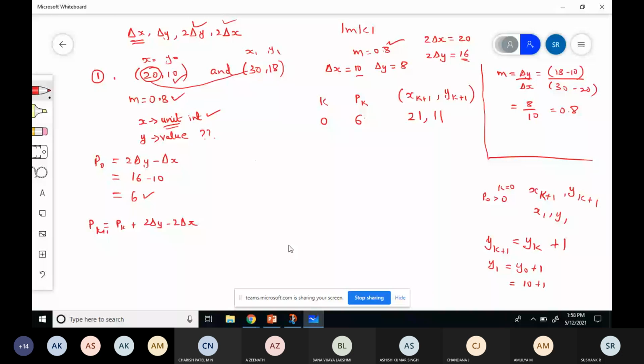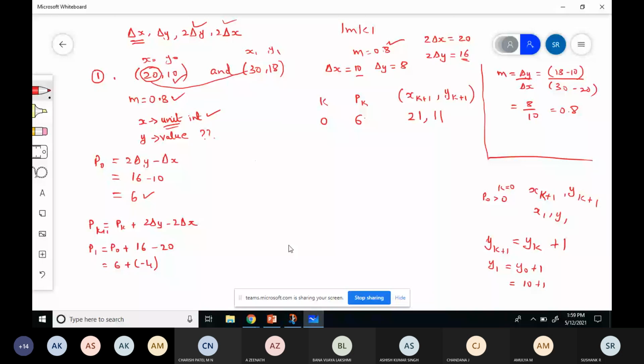So p1 is equal to p naught plus 2 times delta y, which is 16, minus 2 times delta x, which is 20. So it will be 6 plus 16 minus 20. Check the calculation: 6 plus 16 is 22, and 22 minus 20 will be 2.